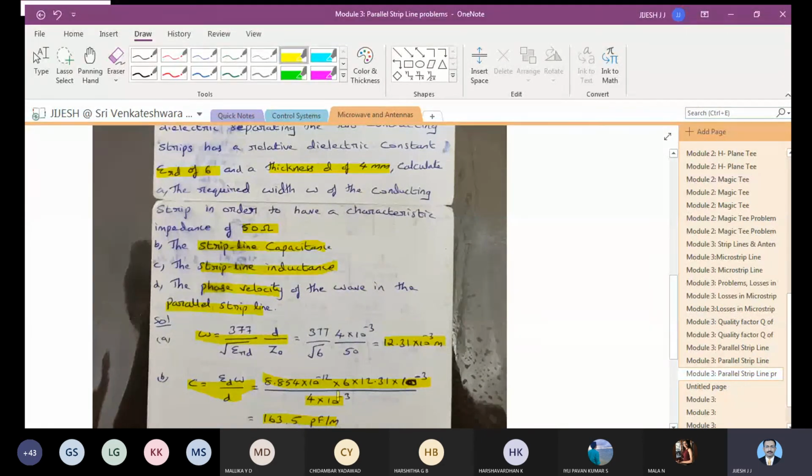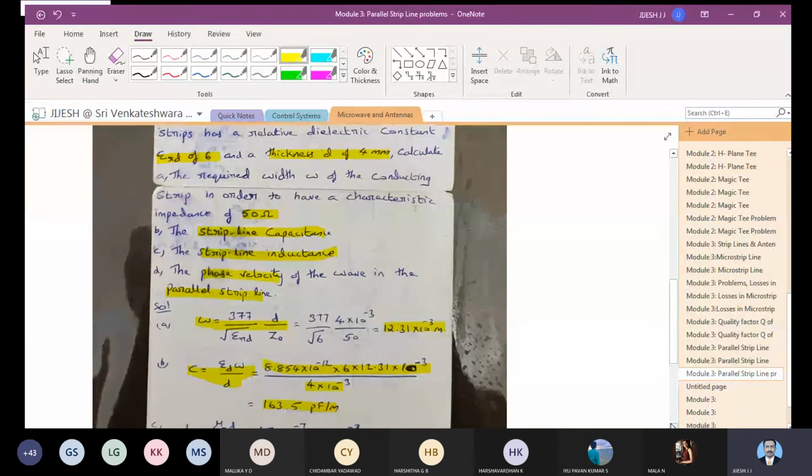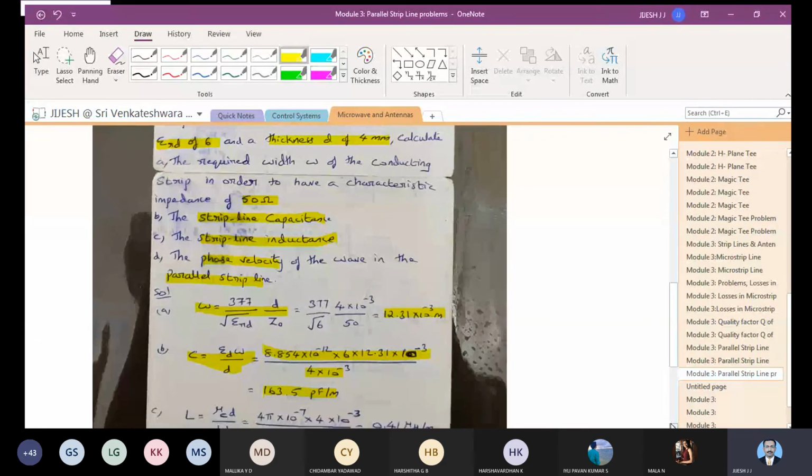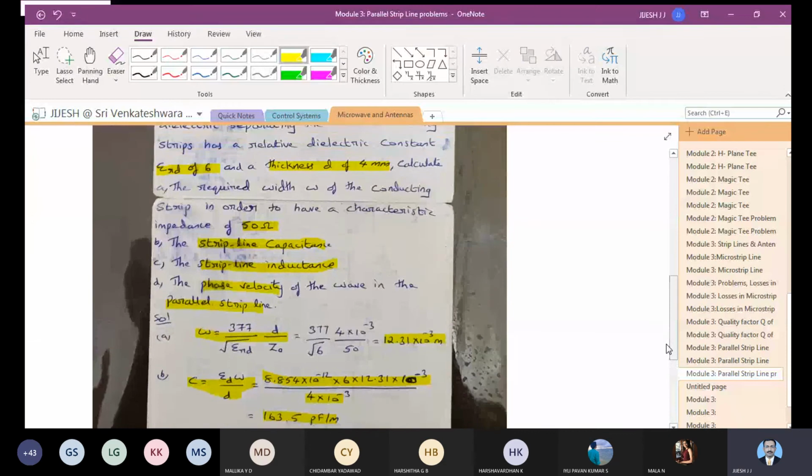You try that. See, 8.85 into 10 to the power of minus 12. You have studied these values before as well. You know these values, so you need to substitute that and simplify.